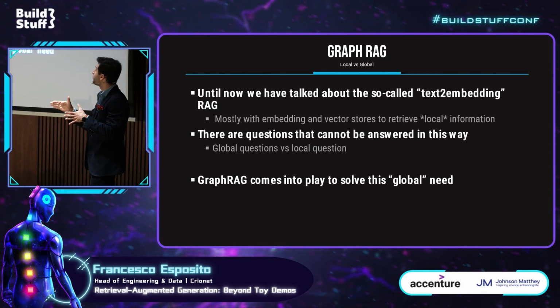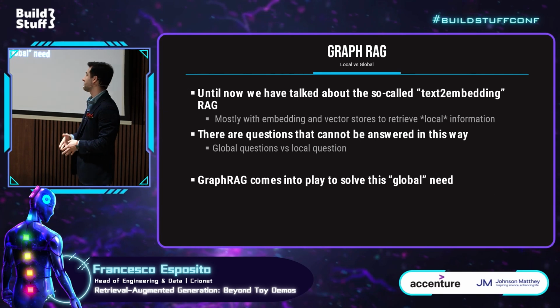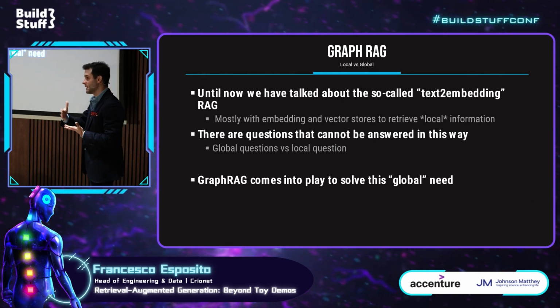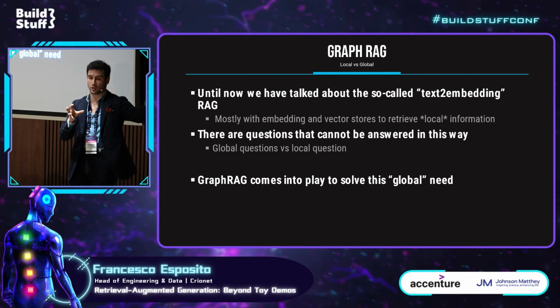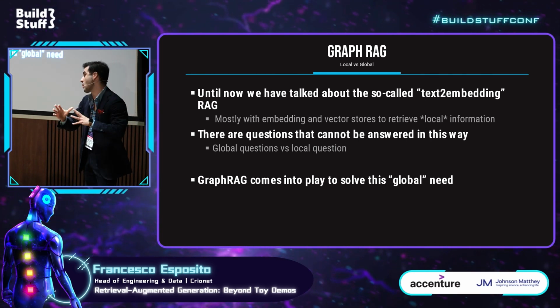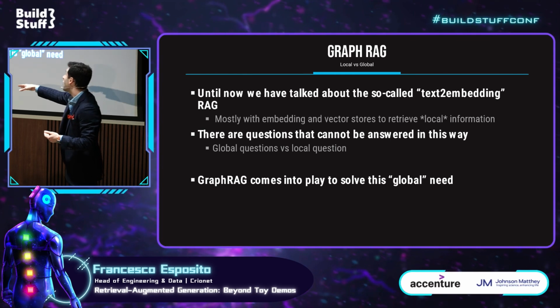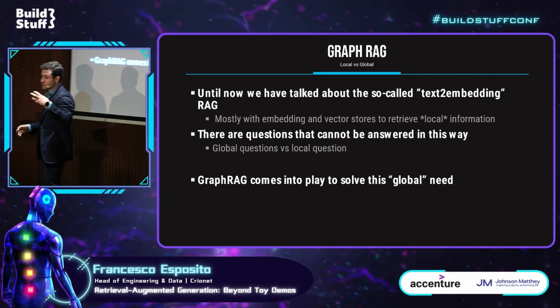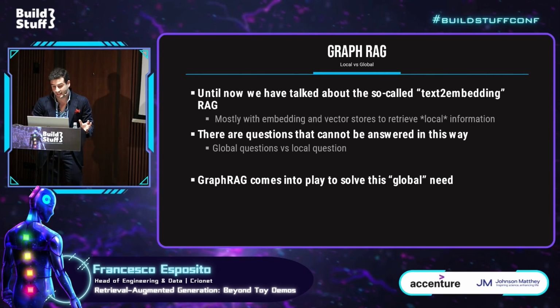But this works for local information. There are questions that cannot be answered in this way. There are global questions that need to be considered in a completely different way. That's why graph RAG comes into play. It has to solve this global need.